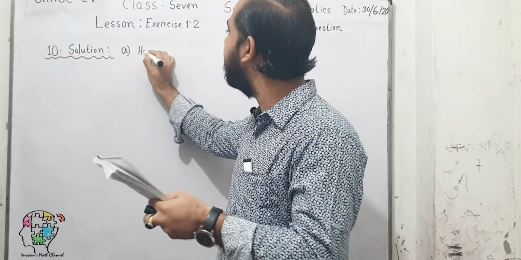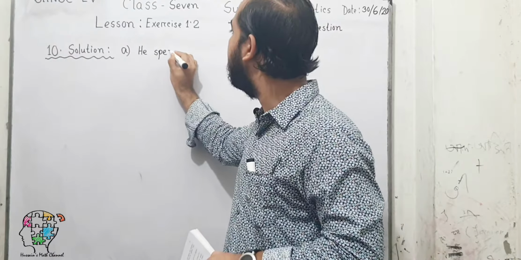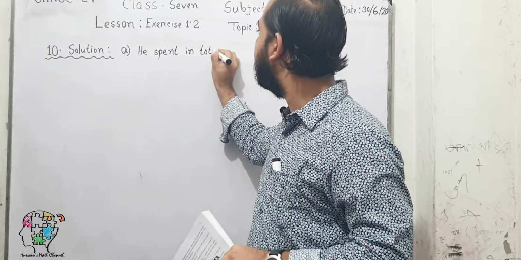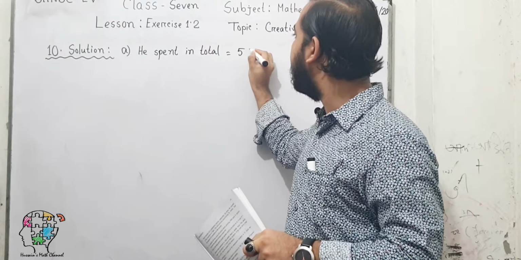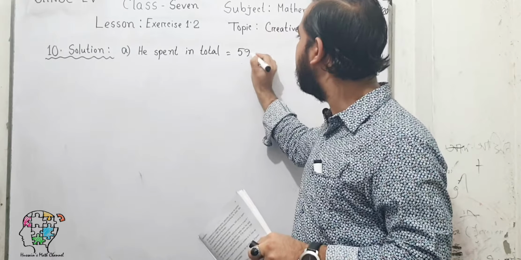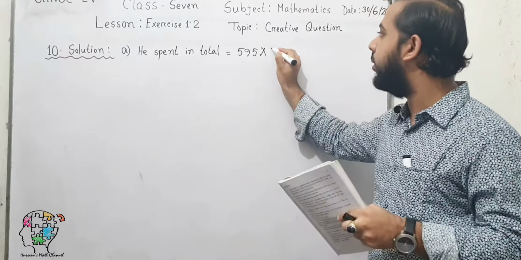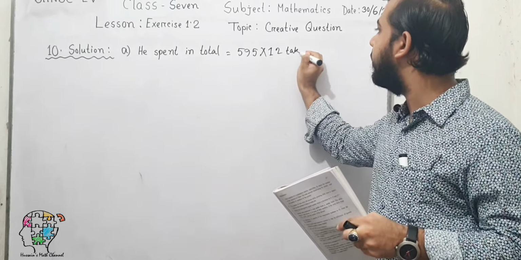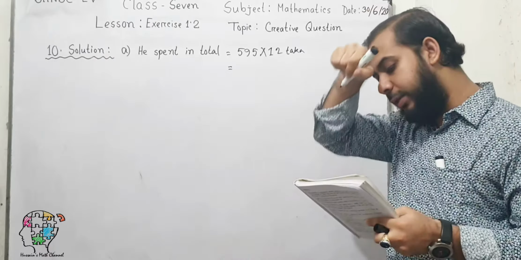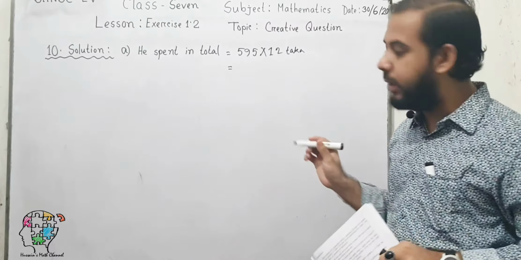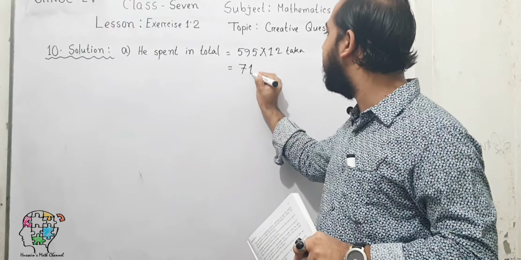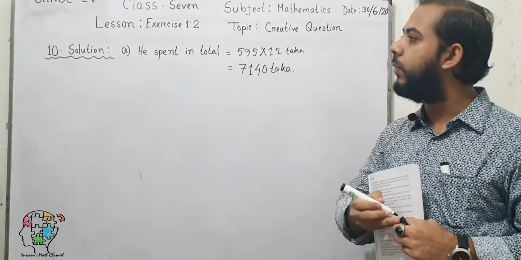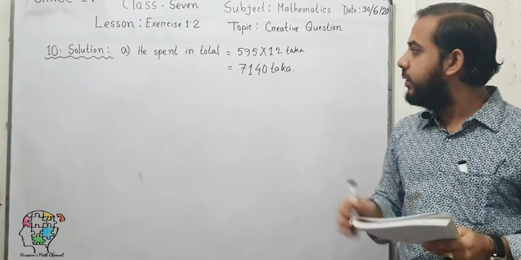He spent in total 595 times 12 taka. Therefore, if we multiply, we will get the answer as 7,140 taka, which completes question number A.